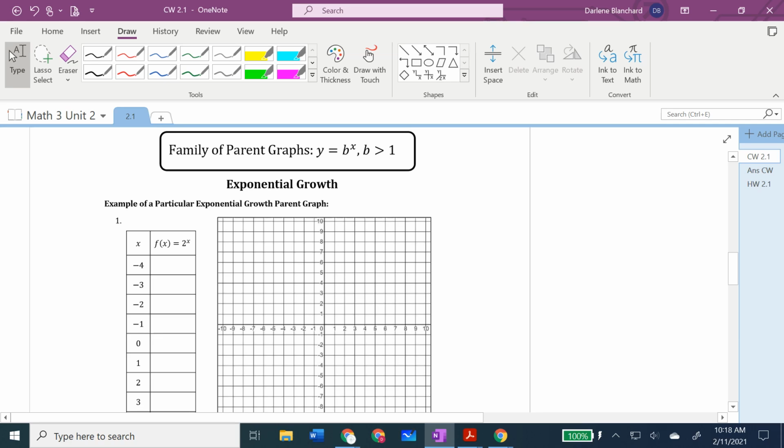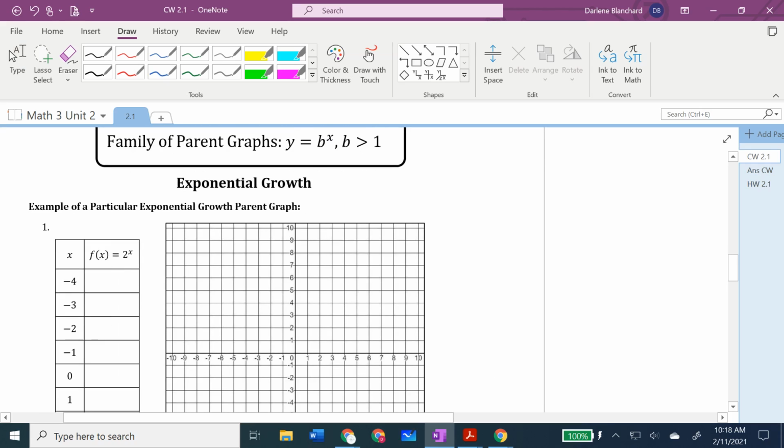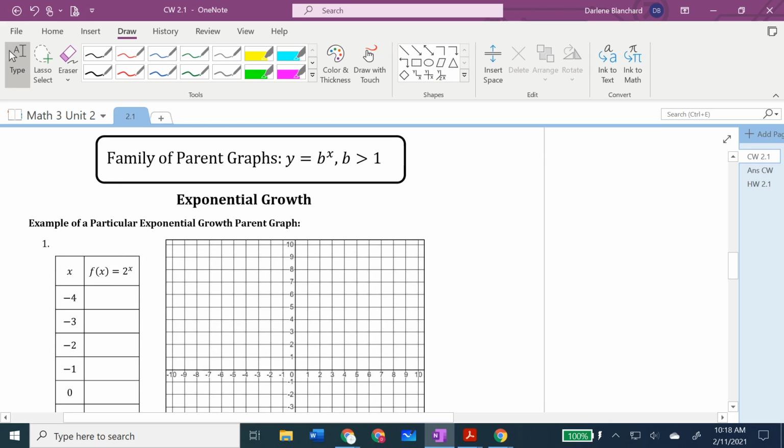Now, while you're retaining that, we're bringing in some old functions that you may not remember. Now I'm focusing on exponential growth today. Another day I'm going to focus on the decay version of exponential functions.